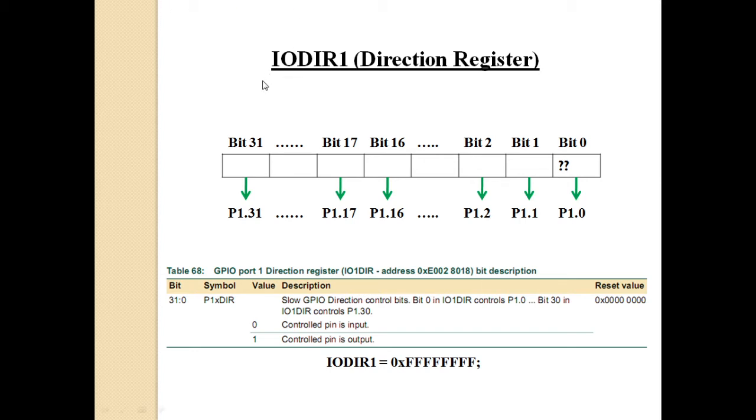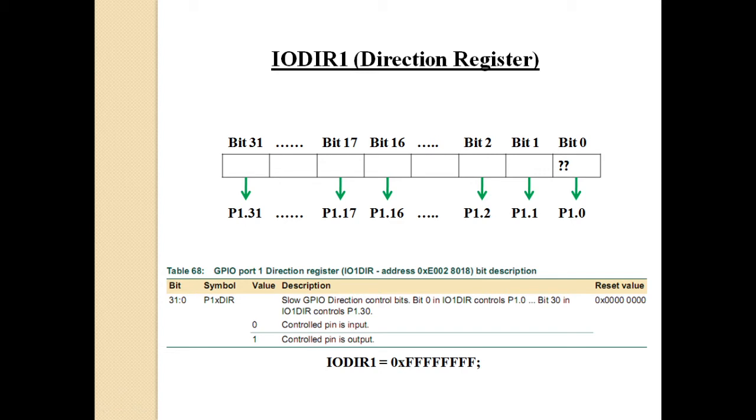So I need to take a register known as the IODIR1 register. This is O, it is not 0. So the IO direction register is used for configuring the direction of a port. 1 means you are configuring the direction of port 1.